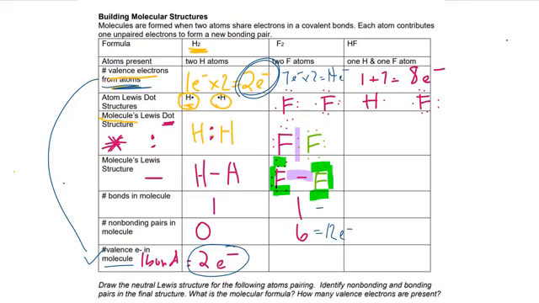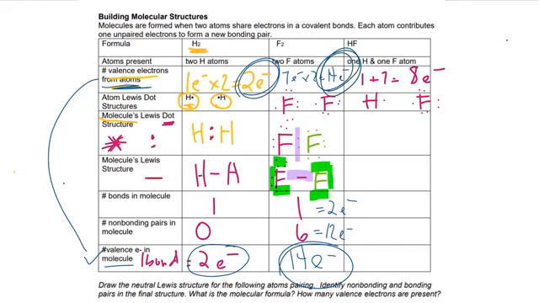And 1 bond is equal to 2 electrons. So how many in this total molecule? Well, 12 plus 2 is 14 electrons. And we see that this matches up here.